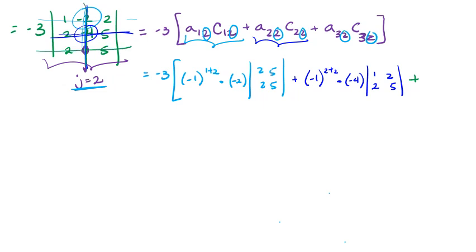Third row, second column, that entry is 0. Anything times 0 is 0. Okay. All right, so now let's continue to simplify this.